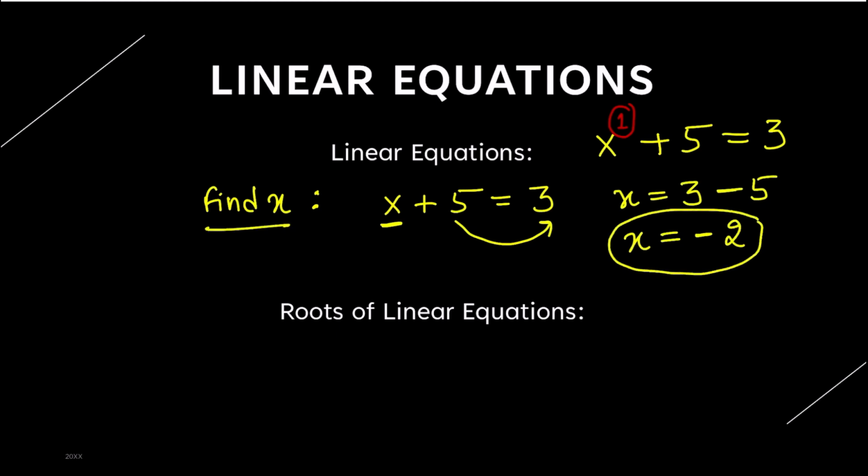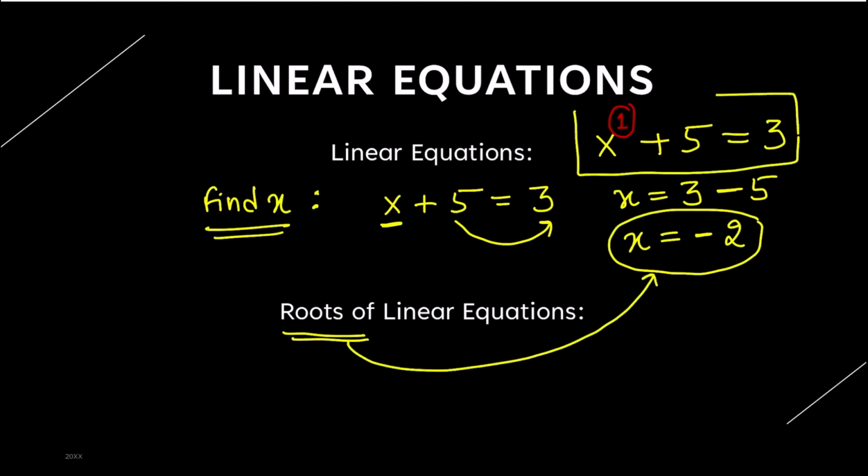Now, what is this x? This x is the root of this equation. x is equal to minus 2 is the root of equation x plus 5 is equal to 3. Let's understand what exactly root means. Suppose I put in x plus 5 is equal to 3. This is the original equation.